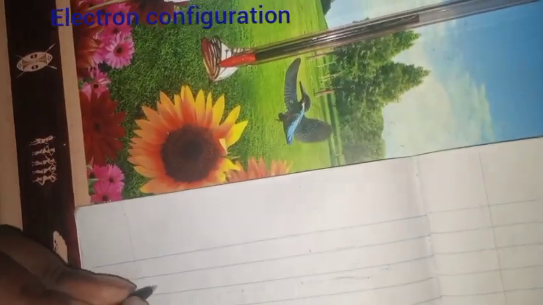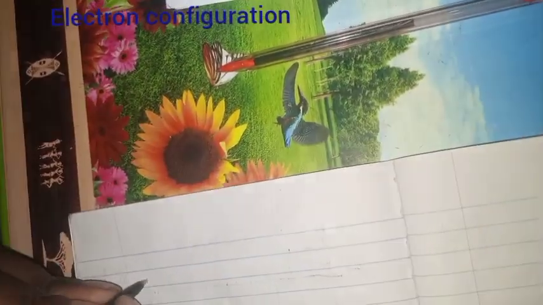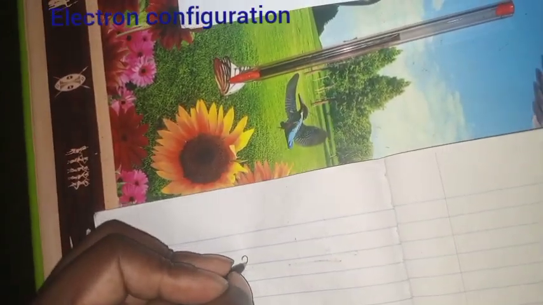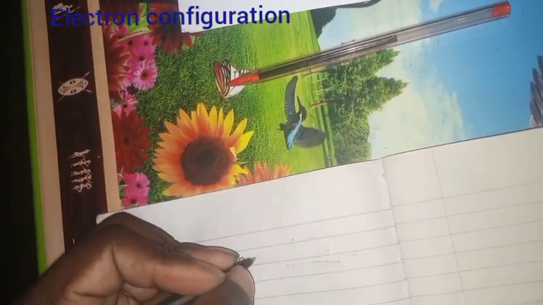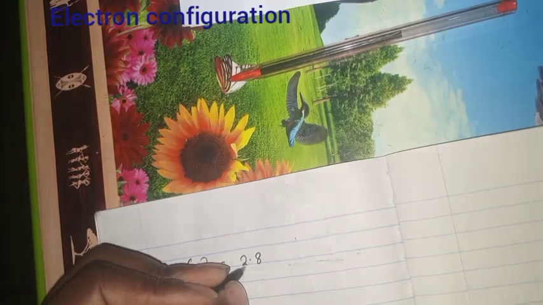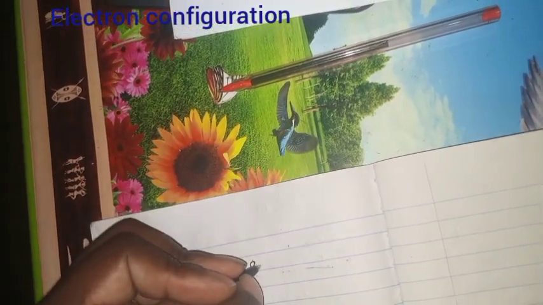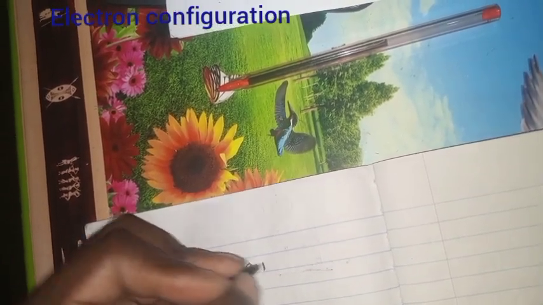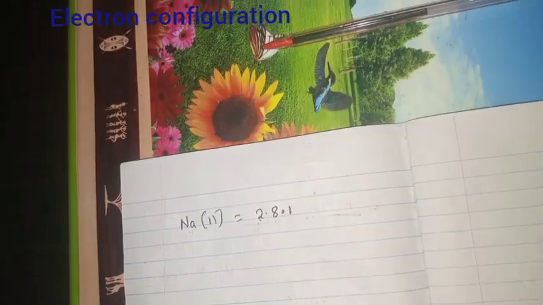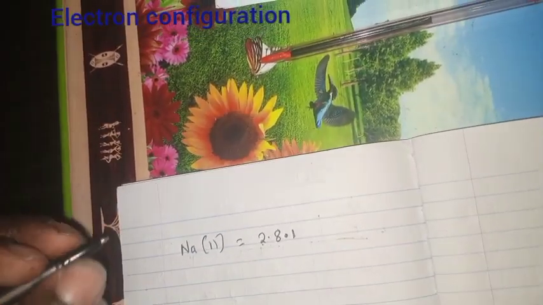We can use another example that is a larger number. Let's say sodium. Sodium is number 11, and that means for the first energy level we'll have 2, the second energy level we'll have 8. Now we have 2 plus 8, 10. It is remaining 1, and therefore we have 2, 8, 1. This is how we do the electron configuration.